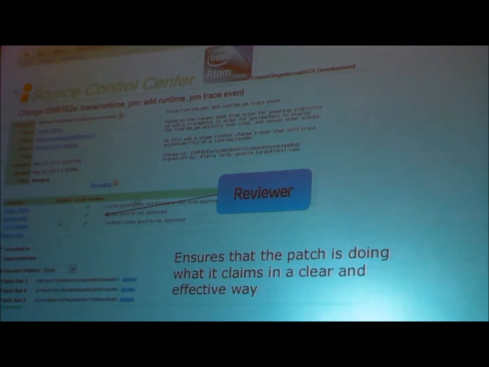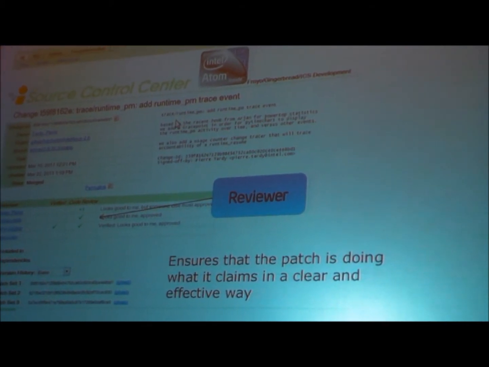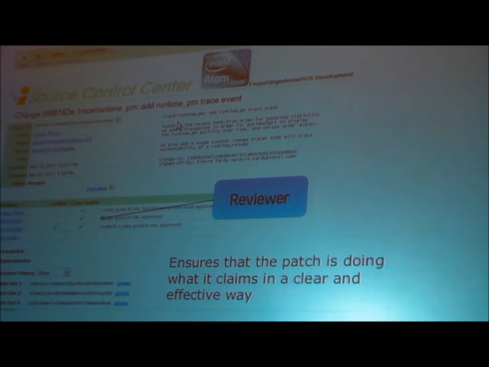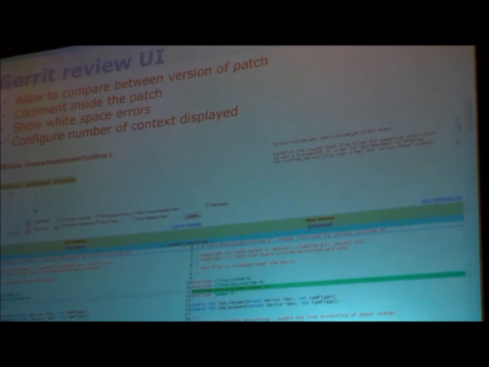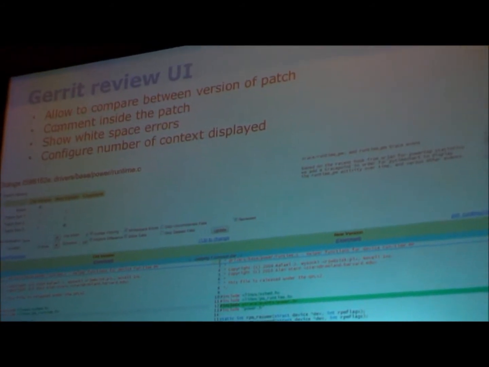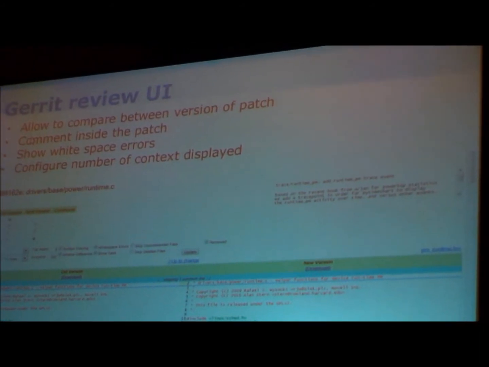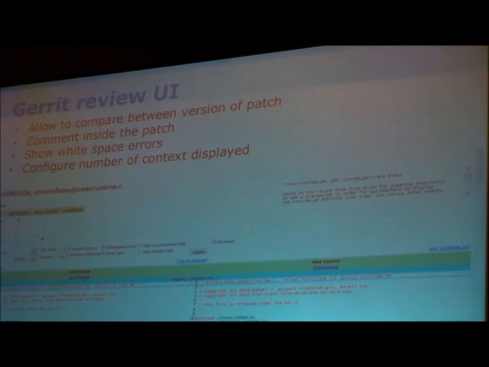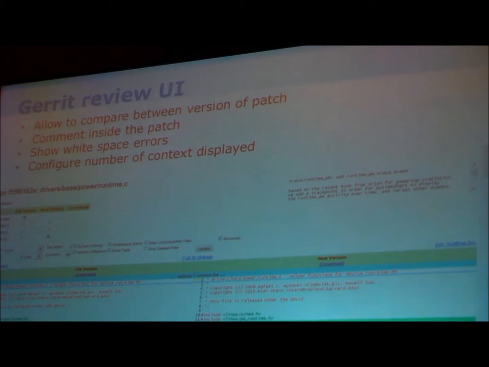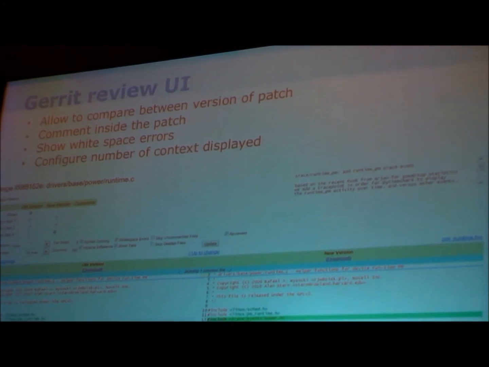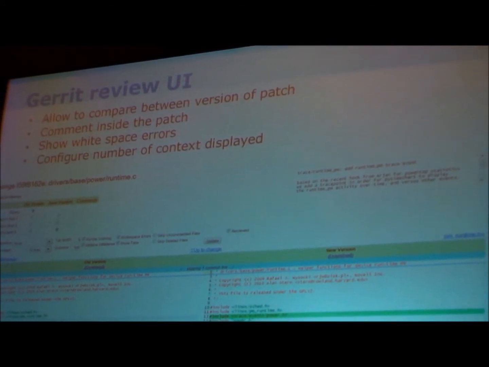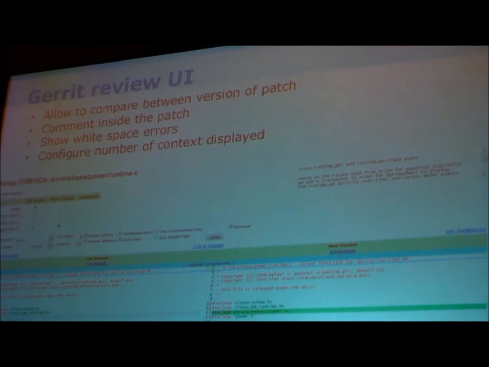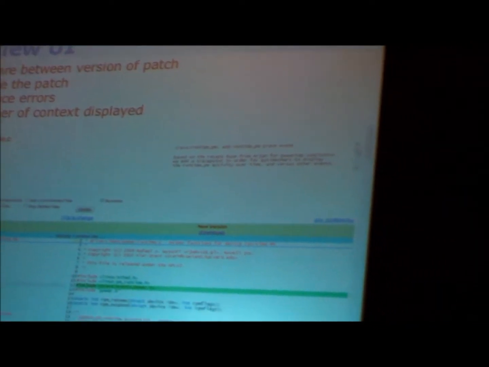So the purpose of the reviewer is to really ensure that the patch is doing well. For those that don't know about it, Gerrit is really useful. I think it's the best UI I have ever seen for review, and you can compare each version of a patch to see what exactly the developer has changed compared to what you approved before.